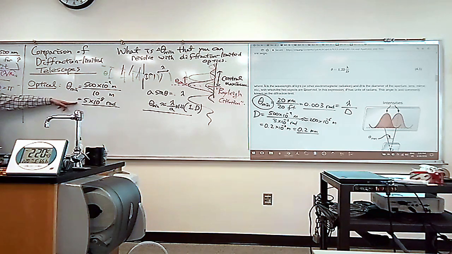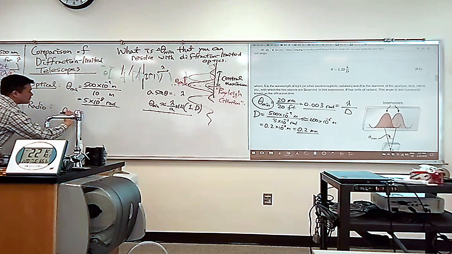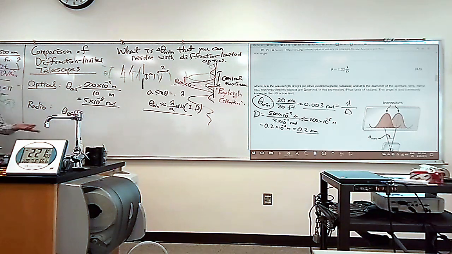You have heard of radio telescopes, right? Telescopes that operate in the radio frequency. I just want to do a quick numerical estimate of how precise radio telescopes can be. What's the typical wavelength of radio waves, approximately?